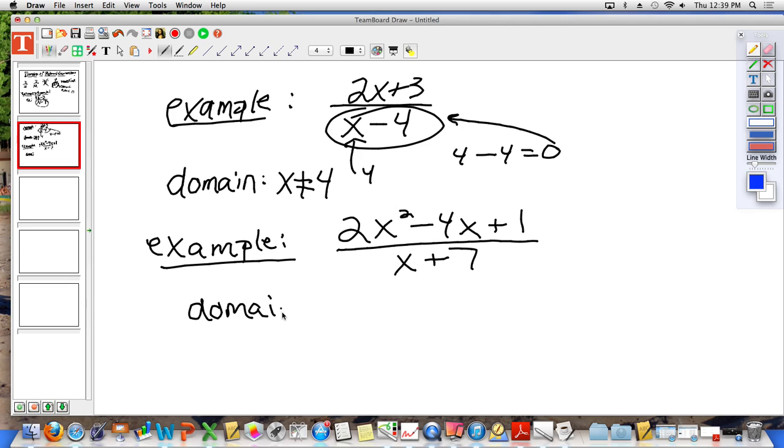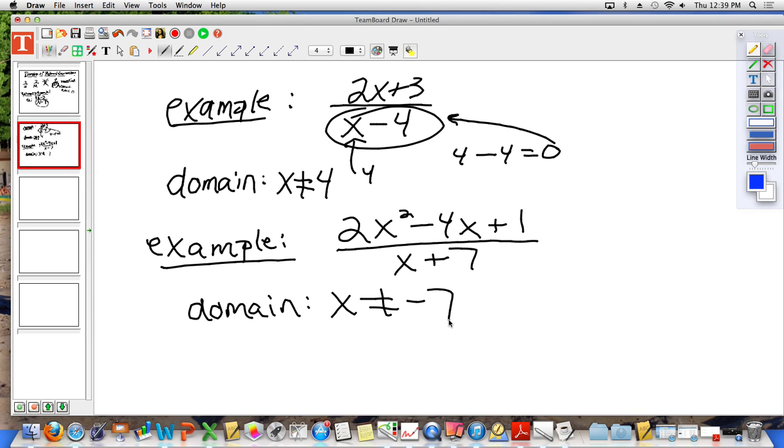We're only looking at the denominator. Domain means what works. What values of x will make this a defined expression? Rather than telling me every single x that would work, tell me the one value that doesn't work. What is the one value that does not work? Go ahead, Charlotte. Negative 7. So you're going to say x cannot be negative 7. Make sense? Not that bad.